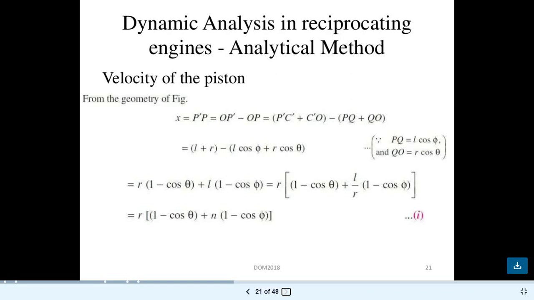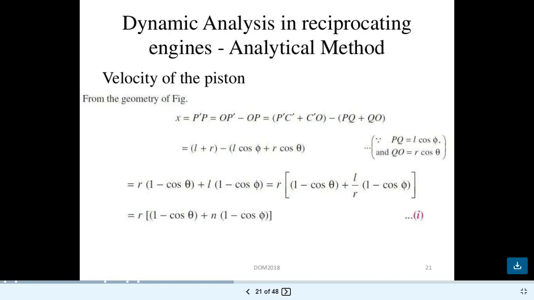So L plus R. The PQ can be rewritten as L cos phi, because the angle of the connecting rod with respect to horizontal is phi. So PQ is equal to L cos phi and QO is equal to R cos theta. We substitute these values in this equation and get R into (1 minus cos theta) plus L into (1 minus cos phi).